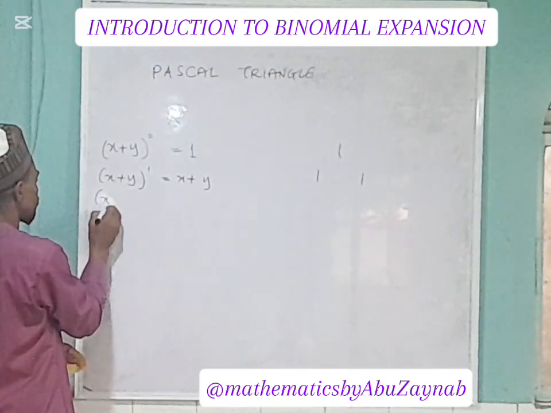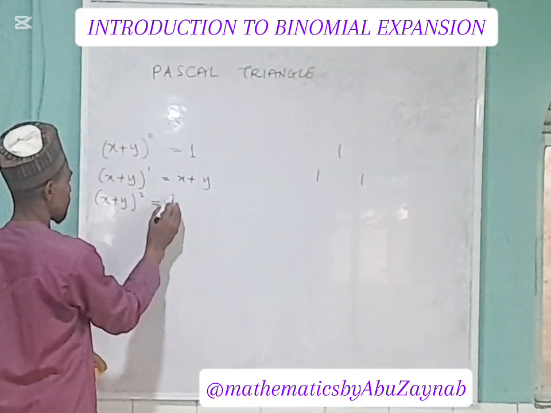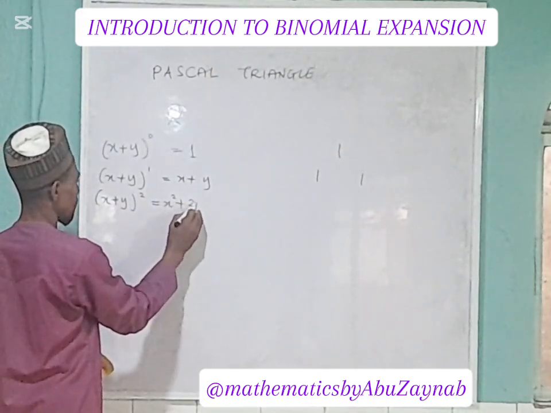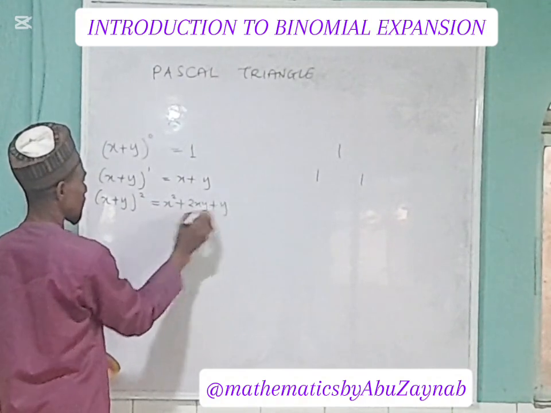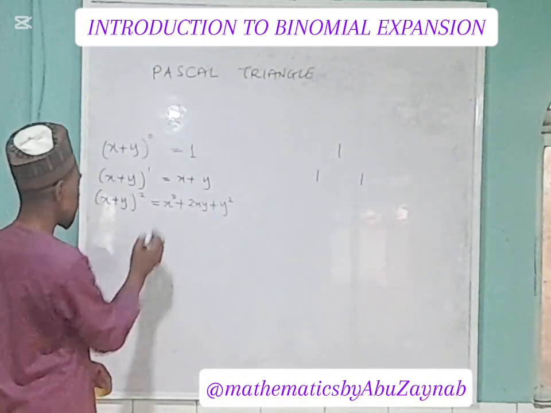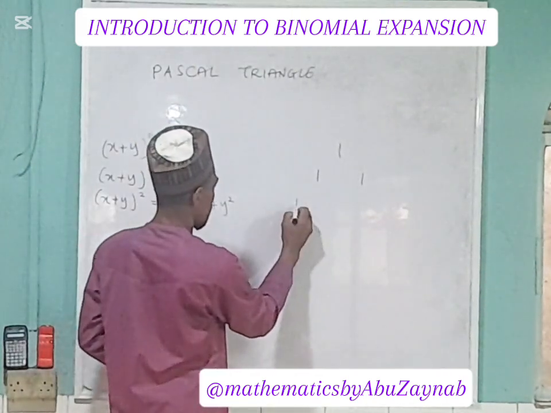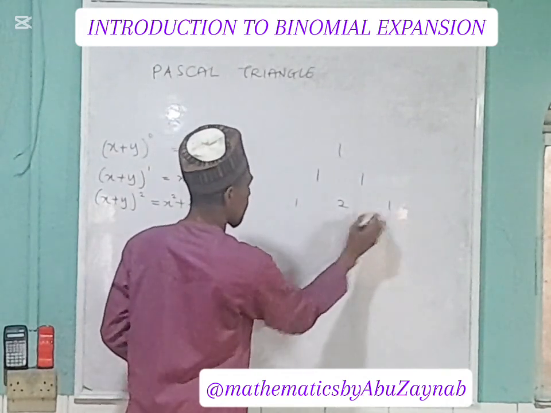So if I have power 2, x plus y to the power of 2, that's going to be x squared plus 2xy plus y squared. That is on expanding this bracket. Again, the coefficients will be 1, 2, and 1 here. So we're going to have at the end 1, 2, and then 1.